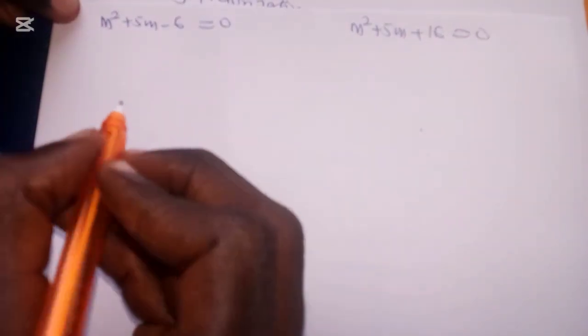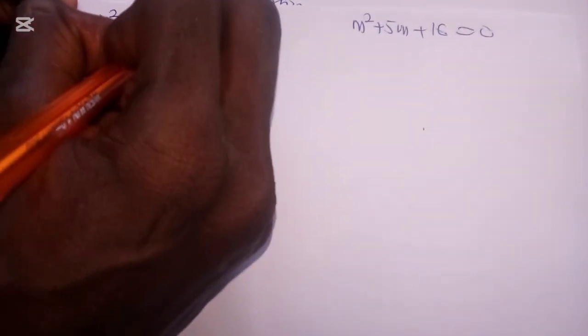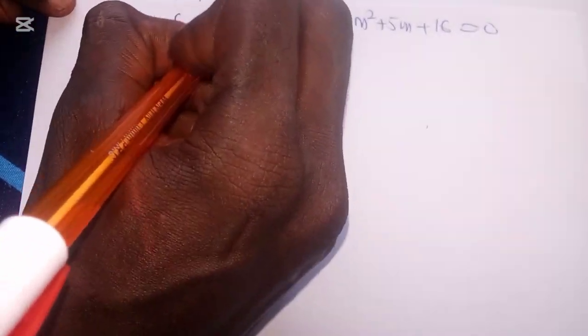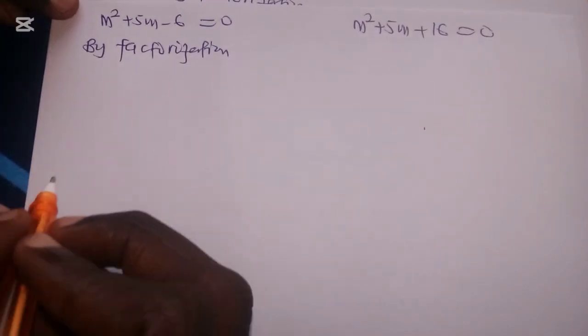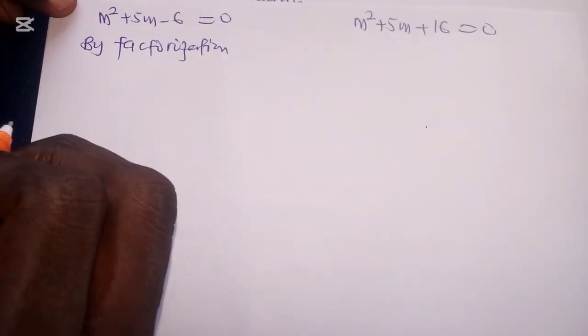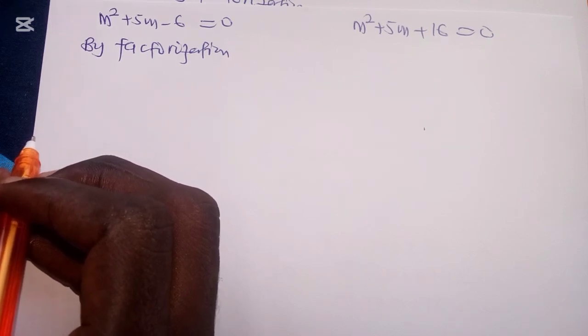We use the factorization method to factorize this one. What are the two numbers that multiply to give 6? We can say 2 multiplying by 3.